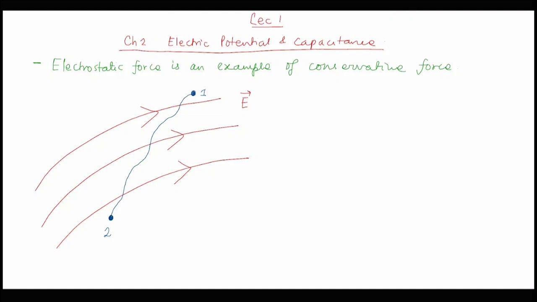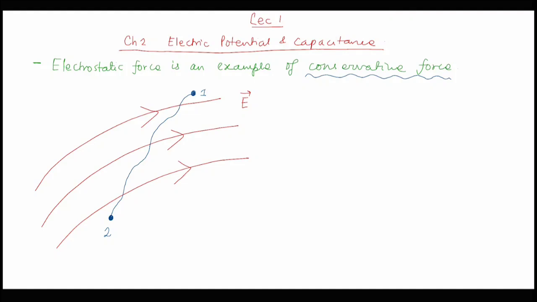And since we are saying that electrostatic force is an example of a conservative force, we mean to say that the work done is going to depend upon the initial and final position and is independent of the path taken by the charge.